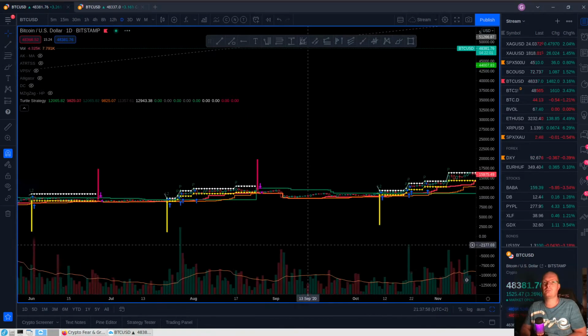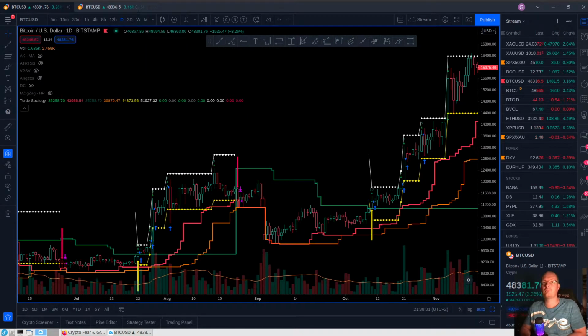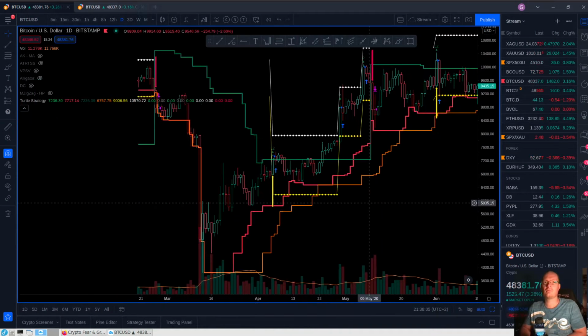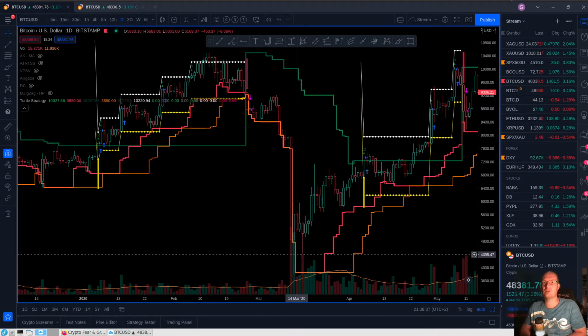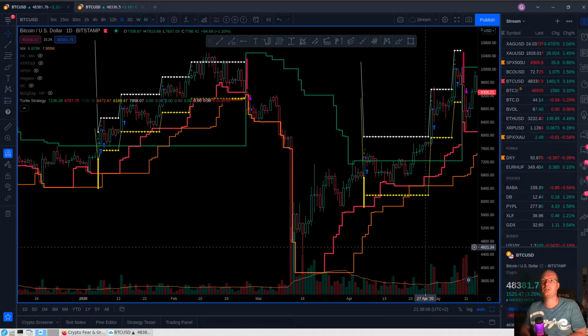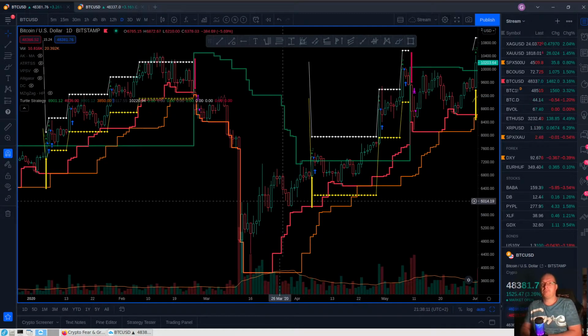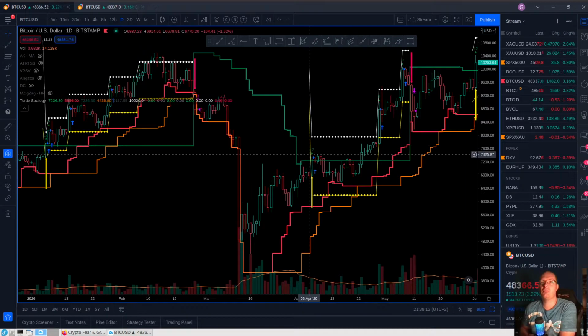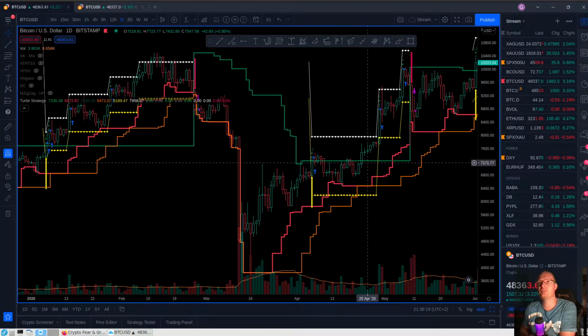So this was the March low. Here we would have entered on the 6th of April, come down a bit. Here you have this white line again.